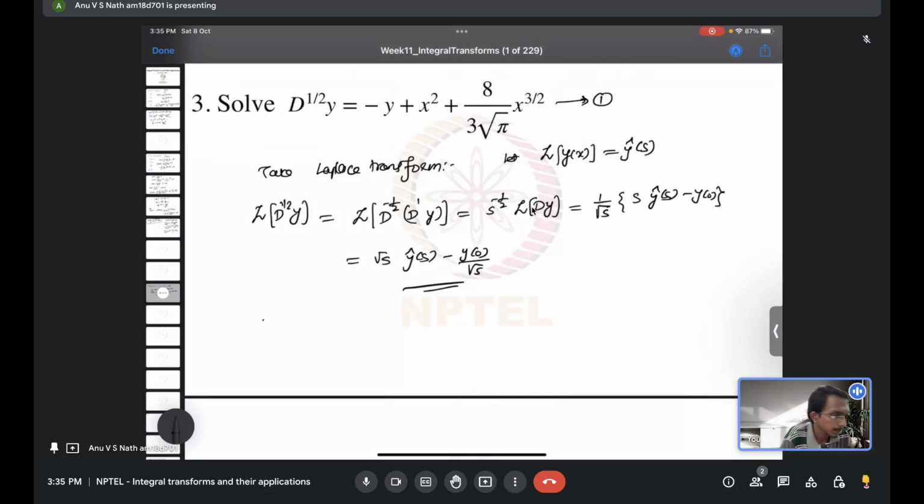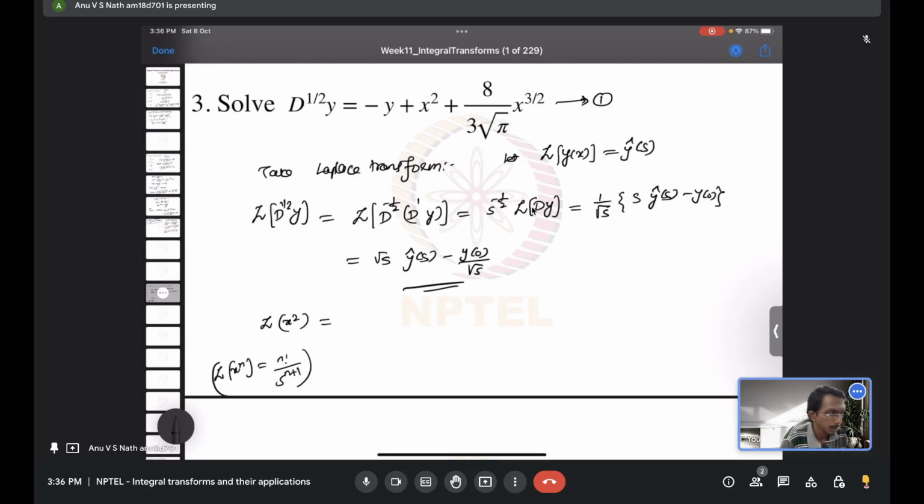Now the remaining terms: the Laplace transform of y we already said is y cap, and then the Laplace transform of x square. The Laplace transform of x raised to n is n factorial by s raised to n plus 1. Remember that.